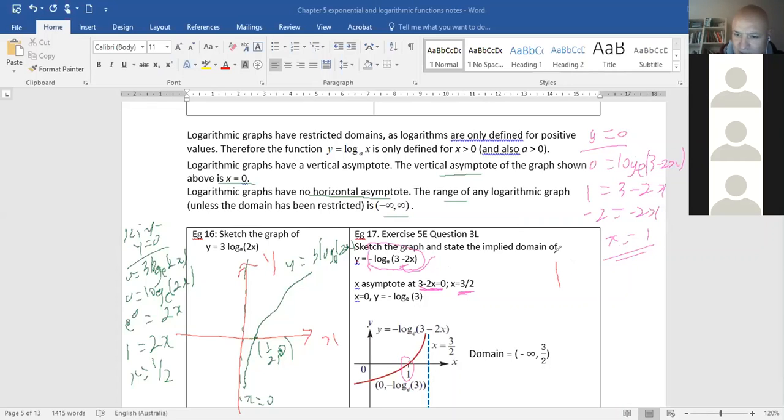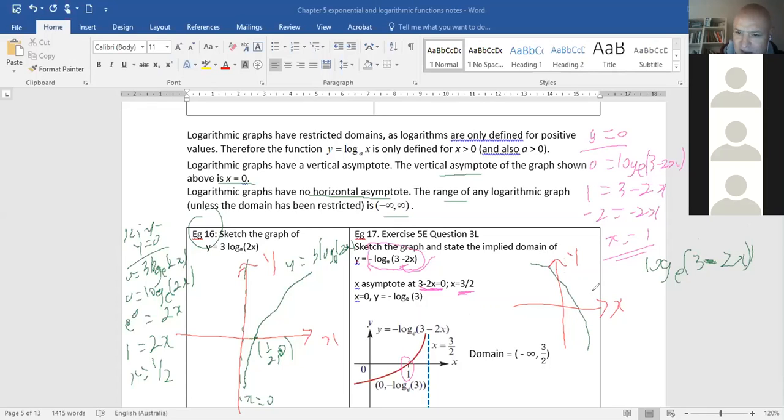So let me come over here, and I'm going to sort of squash this in. This is my y equal to the 2x in part example 16. This is going to be my 3 minus 2x. It's going to be reflected. So I'm doing log e of 3 negative 2x, because the negative is the most important thing at the moment, and that reflects it in that line.